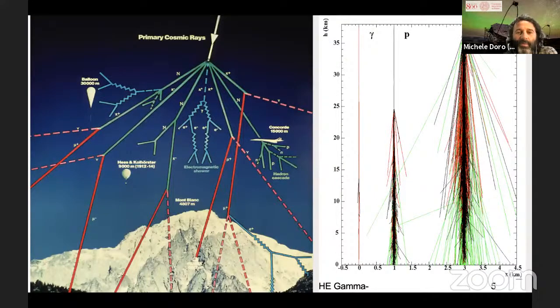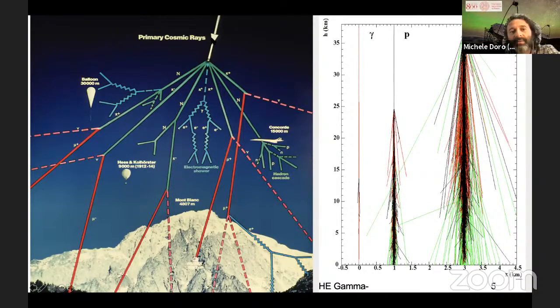So what's happening? Why the atmosphere? We know that the atmosphere is opaque to gamma rays, luckily, because they would be really damaging to our skin and body. But we know that the gamma rays, like the cosmic rays, interact with the medium pretty strongly.